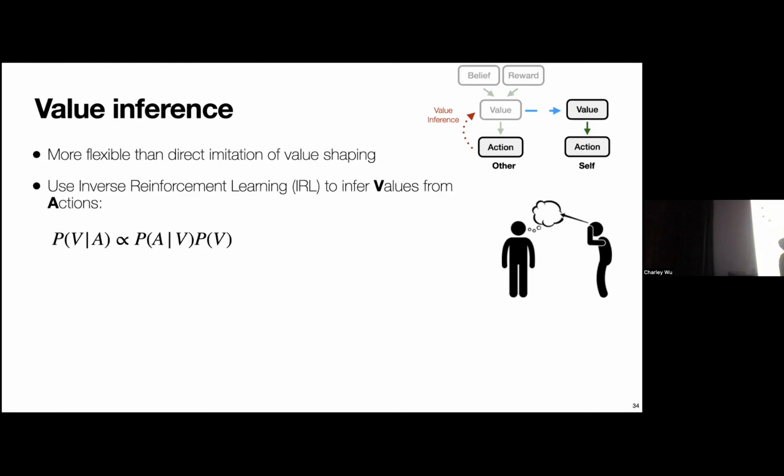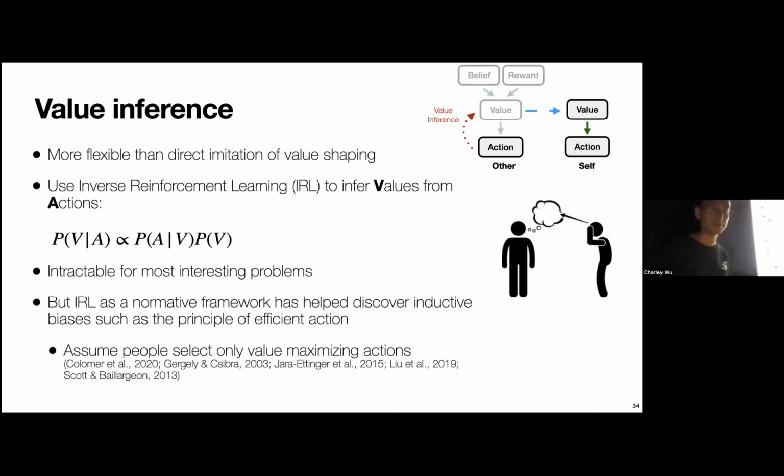So for any specific value function that we might have about the world, we can generate predictions about actions via some sort of policy, okay? But as you probably know, this is intractable because there's an infinite possible number of value functions that we have in the world, and we can't really compute this analytically. So unfortunately, it's intractable for most interesting problems.